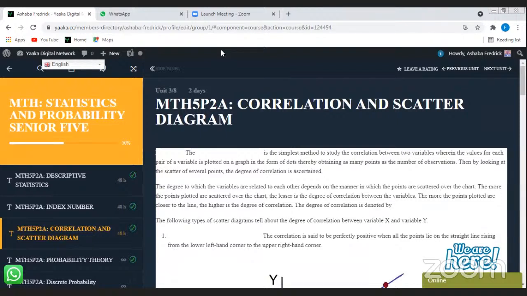Have you identified the area? It's paper two, eh? Yes, paper 2. Correlation diagrams.